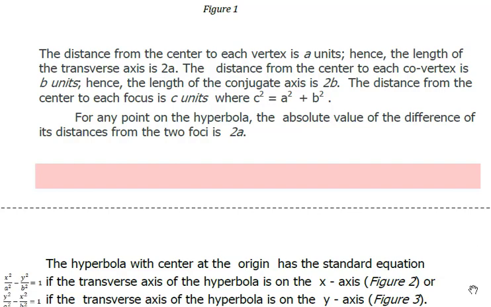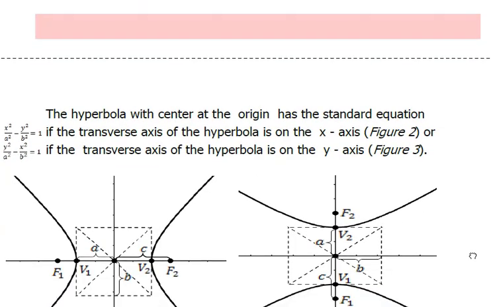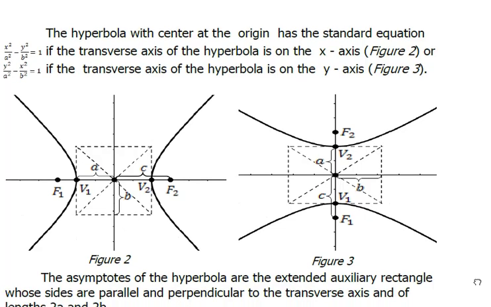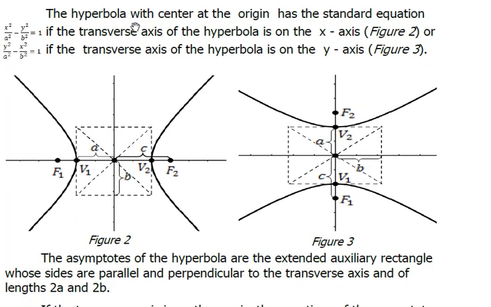Let's go over the example. But before that, let's have this again. The hyperbola with center at the origin has the standard equation x squared over a squared minus y squared over b squared equals 1, if the transverse axis of the hyperbola is on the x-axis.